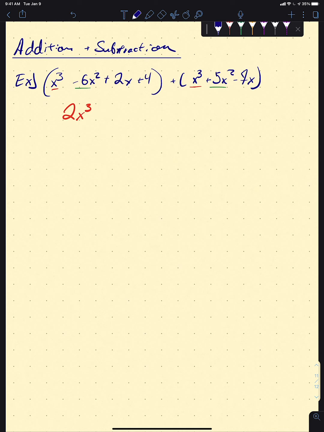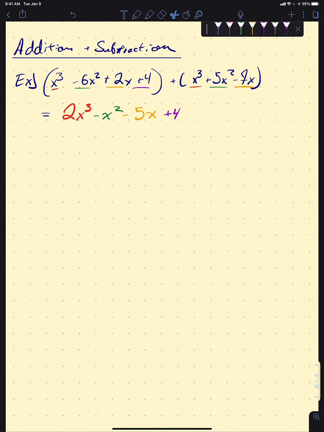So it looks like we have a total of minus 1 x squareds. X's, it looks like we have 2 and minus 7. So I would say that that comes out to minus 5 x's. And we have 1 plus 4 here. And as I said, they add in the exact way you would expect.